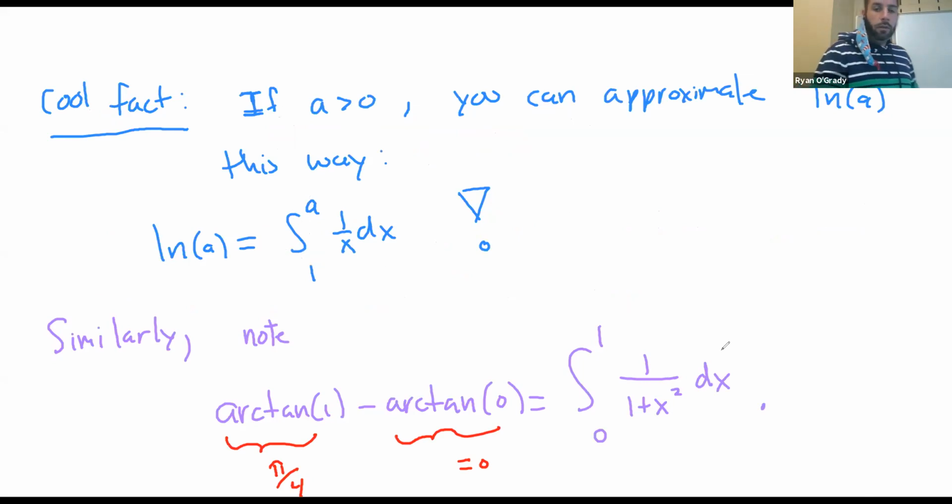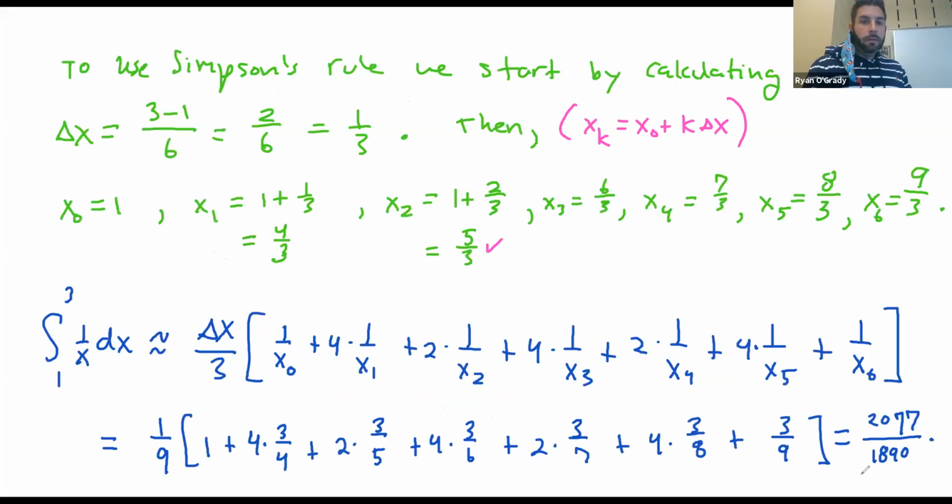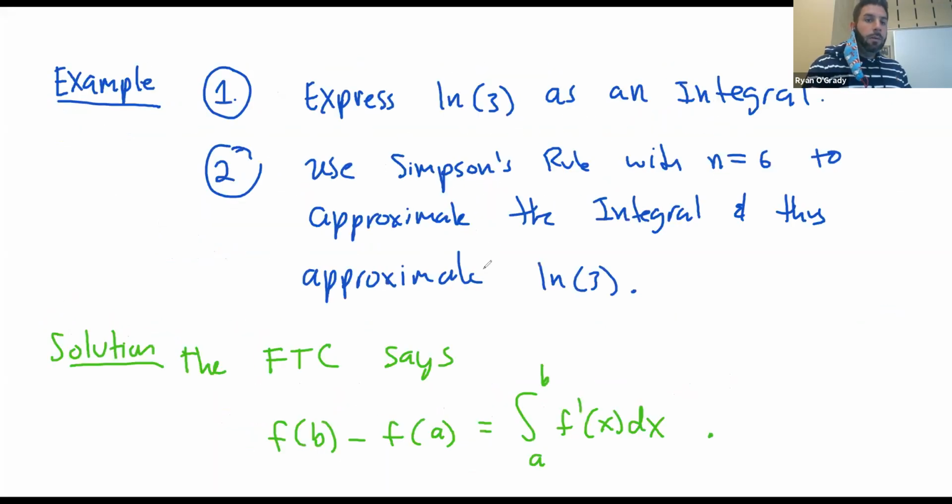Because, look, this formula, so the question is what's the lower bound? And for the log, it's 1. And for the arctan, it's 0. And the reason is you want to choose these values to your advantage. So when I go all the way back to this page, when I say express log 3 as an integral, I'm using this formula.